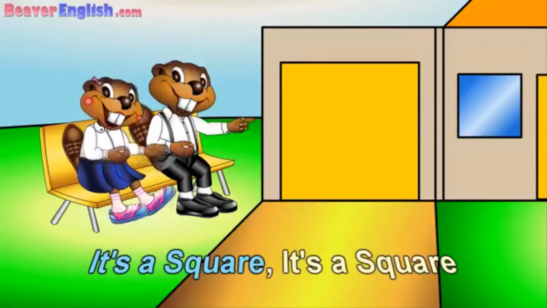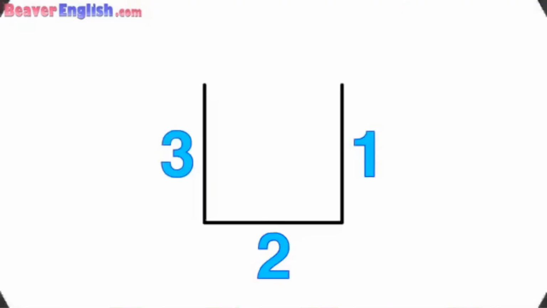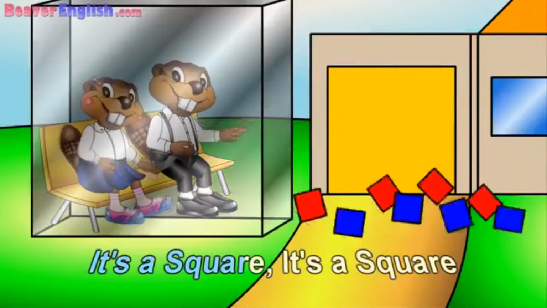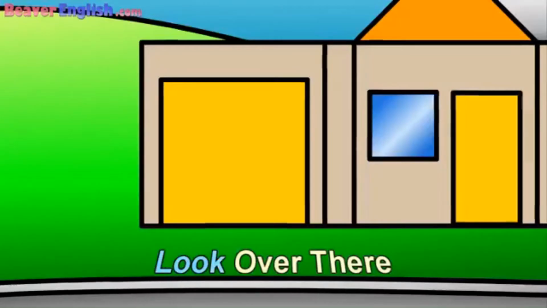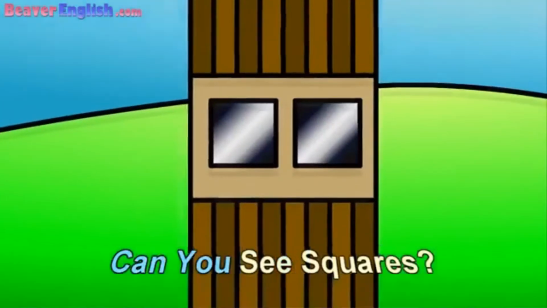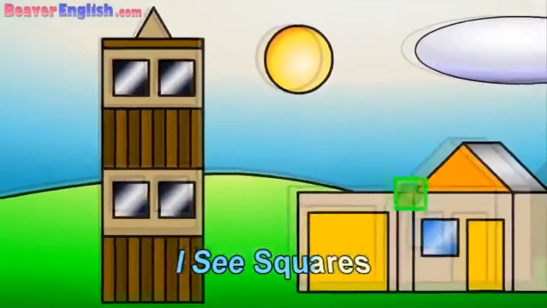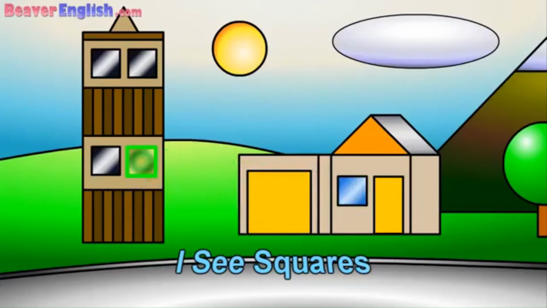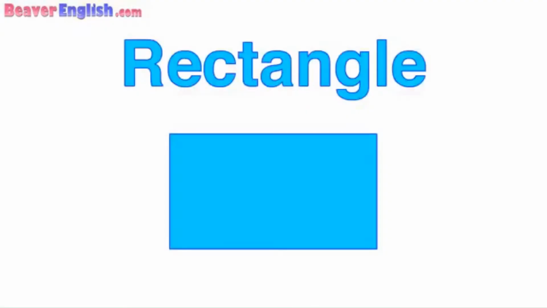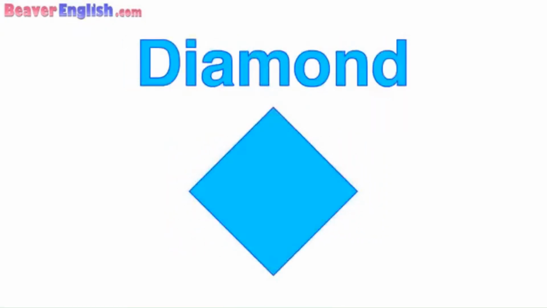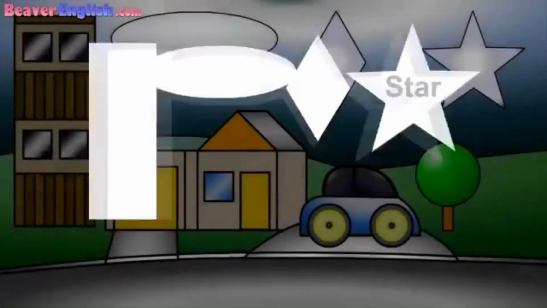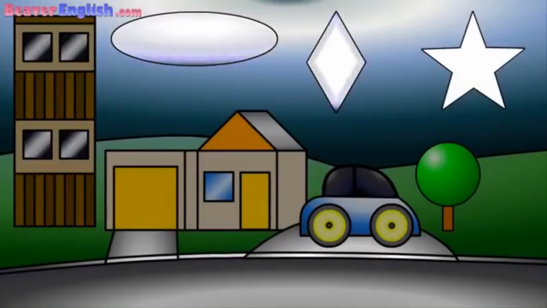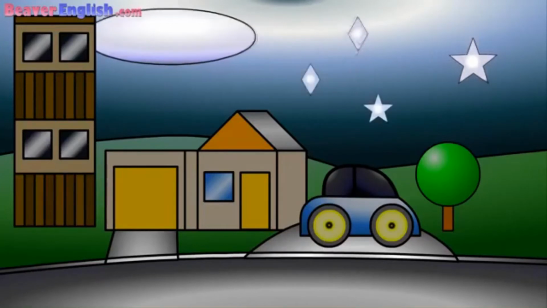It's a square, it's a square. 1, 2, 3, 4. It's a square, it's a square. 1, 2, 3, 4. Look over there. Can you see squares? I see squares. Rectangle, oval, diamond, star. Rectangle, oval, diamond, star. Rectangle, oval, diamond, star.